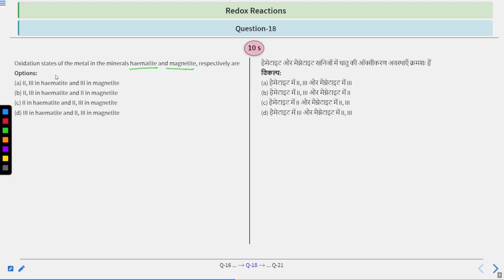Options are: second, third in hematite and third in magnetite; second, third in hematite and second in magnetite; second in hematite and second, third in magnetite; or third in hematite and second, third in magnetite. You have 10 seconds to solve this question. After that, we will see the answer.